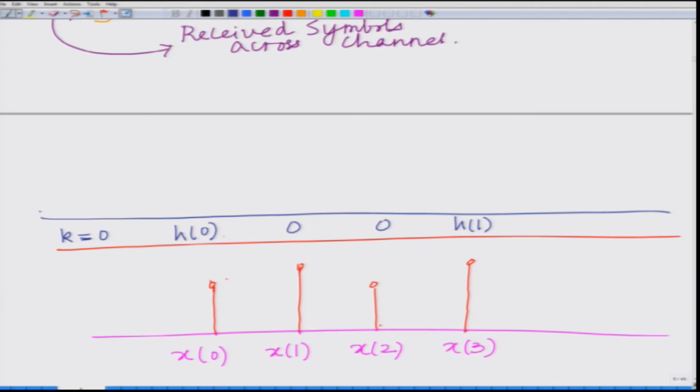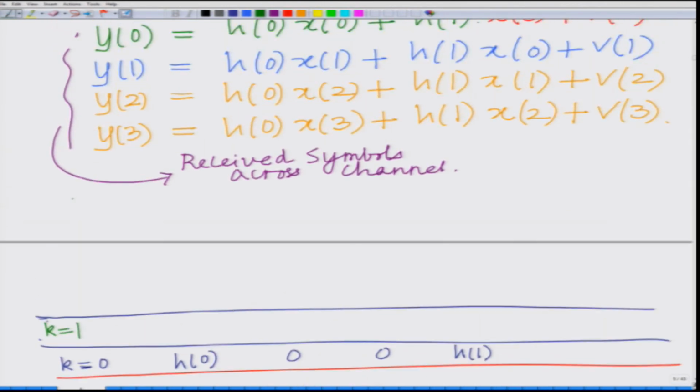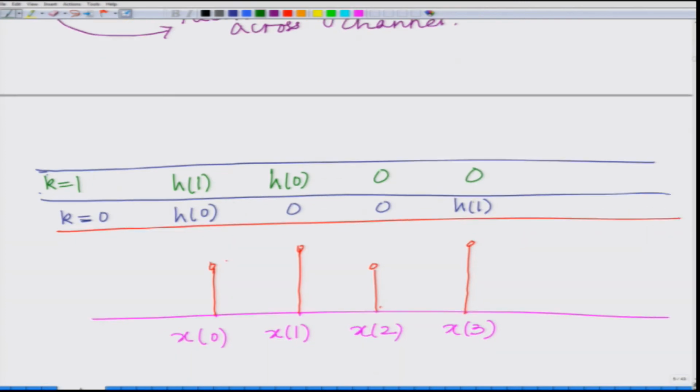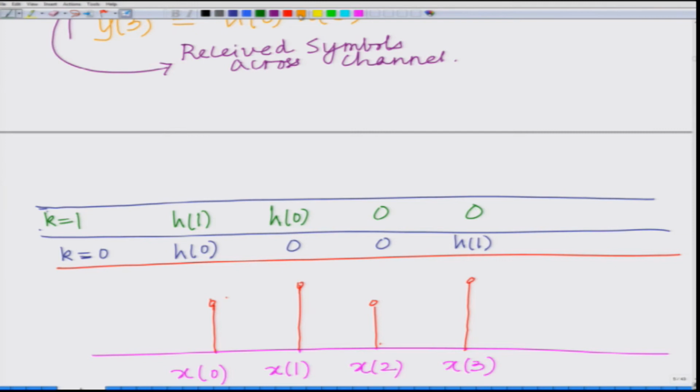So what I get is h0 times x0 plus h1 times x3, that is the effect of the channel on the symbols. Now let us again look at time k equal to 1. At time k equal to 1, I have h0 times x1 plus h1 times x0, plus 0 times x2 plus 0 times x3. I can also include x2, x3 by simply putting zeros, correct.